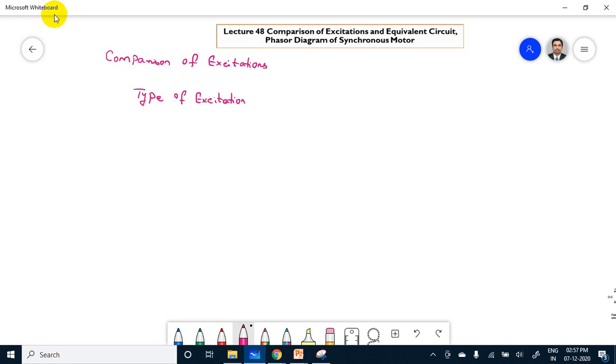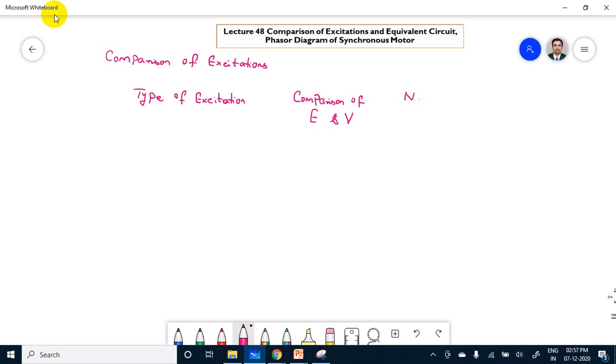Second column, comparison of E and V. E will be the back EMF and V will be the terminal voltage.